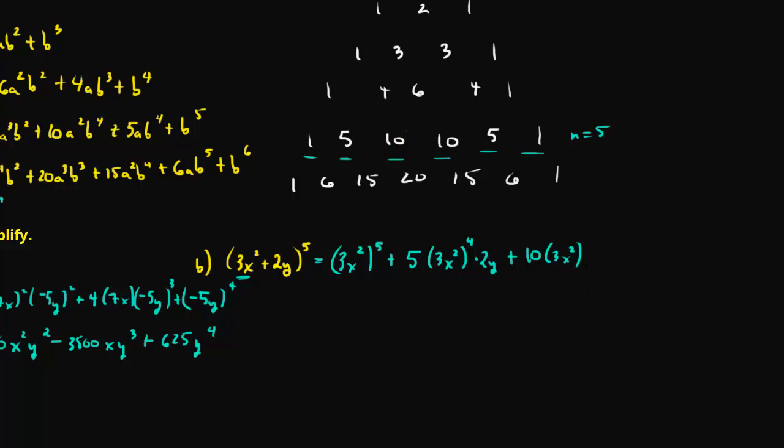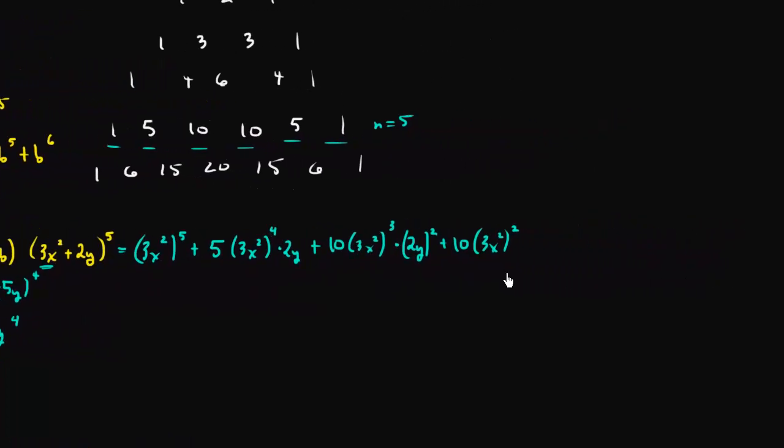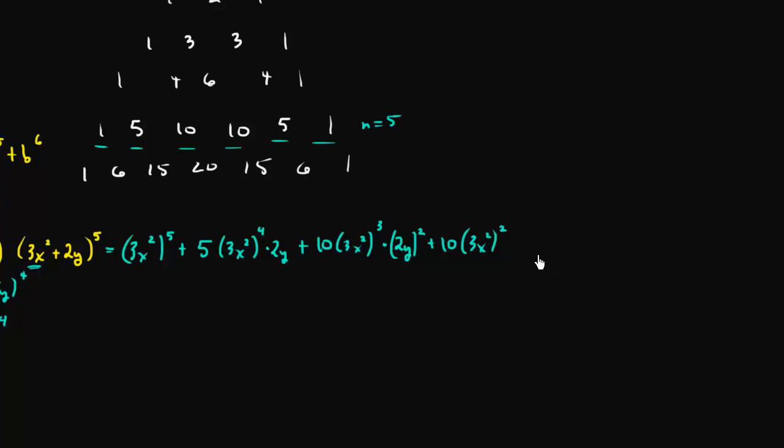So we have 10 times 3x squared to the power of 3 times 2y squared, plus 10 times 3x squared to the power of 2. Whoops, I need a lot more room here. Okay, we're almost done. So plus 5 times 3x squared to the power of 1.